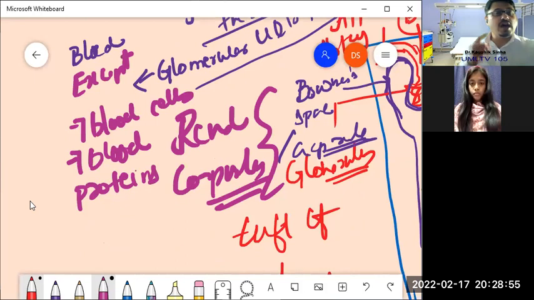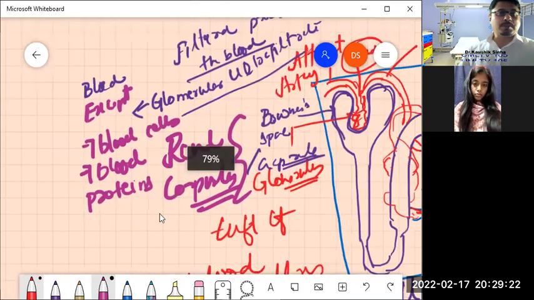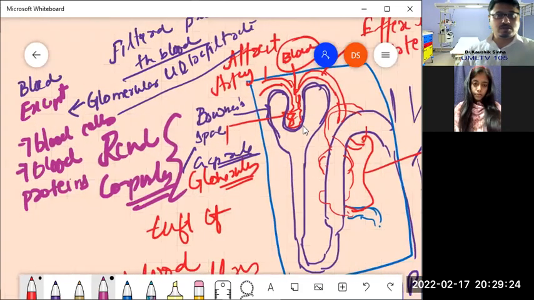As well as, in the blood, we have albumin protein and globulin protein. Significantly, I would mention specifically the albumin protein, because this albumin protein marks a threshold. Normally it is not to be found in the urine, but if found, that indicates a glomerulonephritic syndrome, that means a particular disease of this glomerulus.